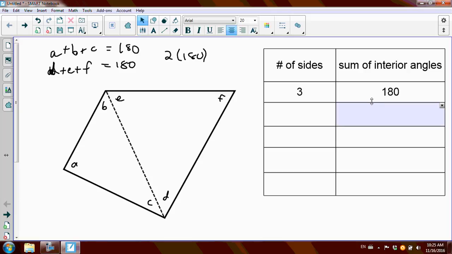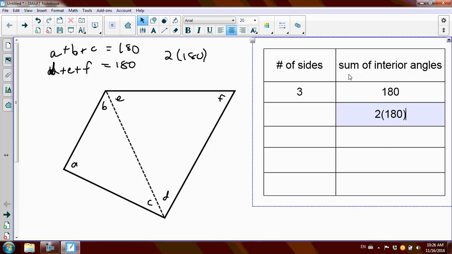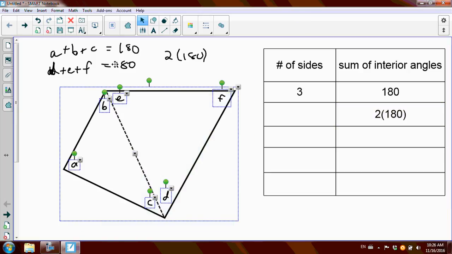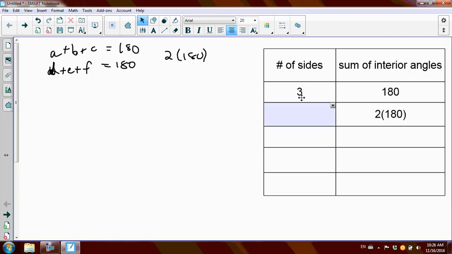I'm just going to type in 2 times 180 because I'm trying to develop a formula here, not that it equals 360. We know that, but the reason I'm leaving it at 2 times 180 is so that a pattern will emerge. All right, so let's get rid of this quadrilateral. So that was for a quadrilateral.